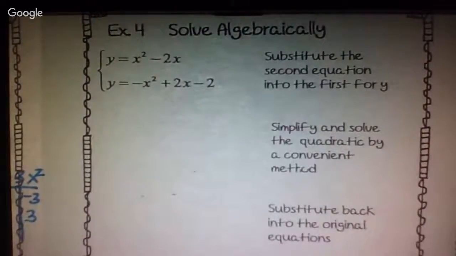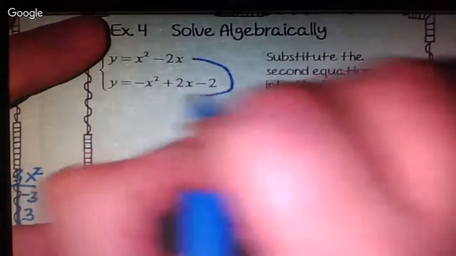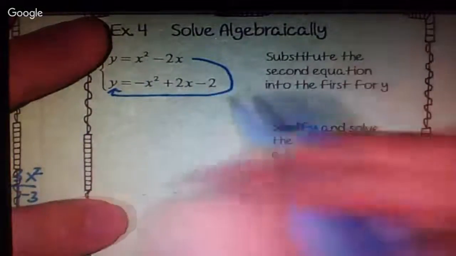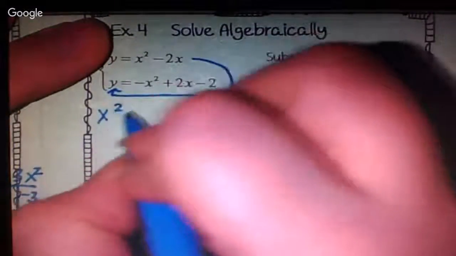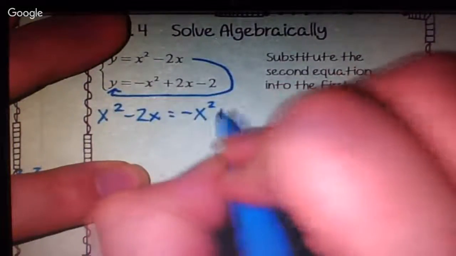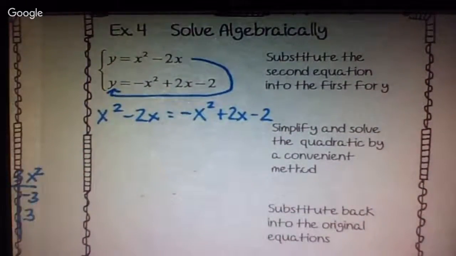Solve algebraically. That's a lot of steps for this. Same process. So I've got this needs to substitute in here. So I've got x squared minus 2x equals negative x squared plus 2x minus 2. I would like to keep my x squared positive. It's easier to factor when it's positive.